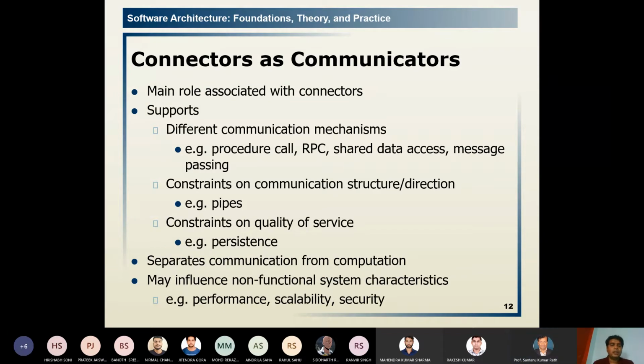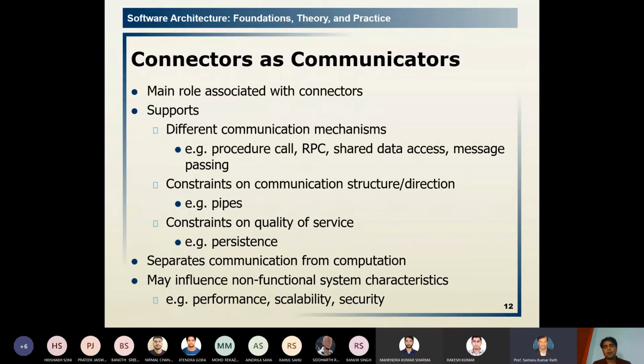It also has constraints on communication structure and direction. Example, a pipe: by using the pipe, there is a constraint on communication between the two components. Then constraints on quality of service. What should the constraint be? It should be persistent, providing uninterrupted communication between the components.